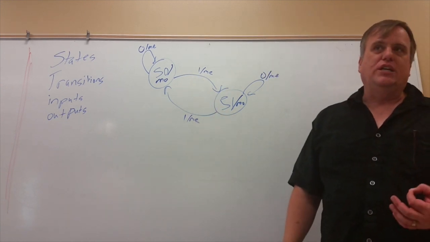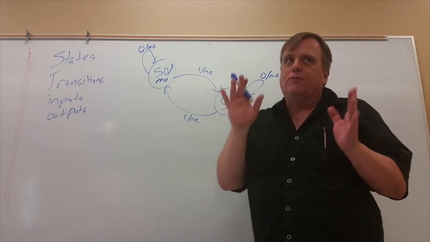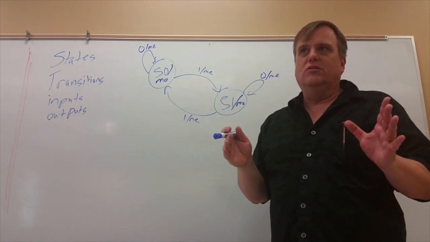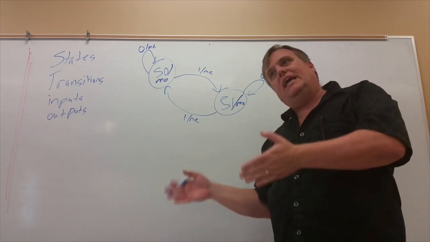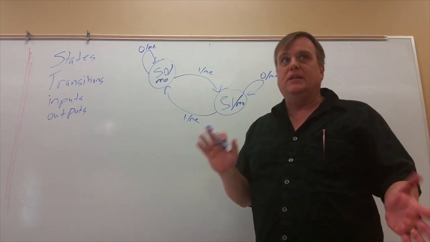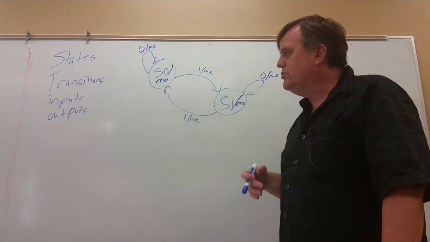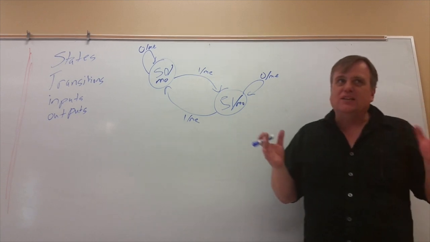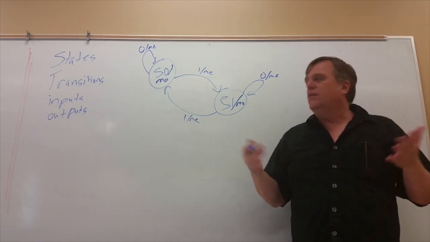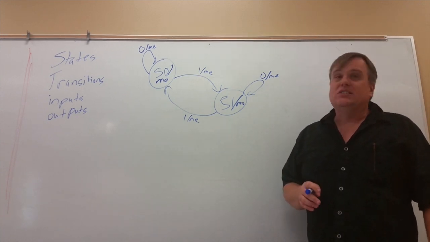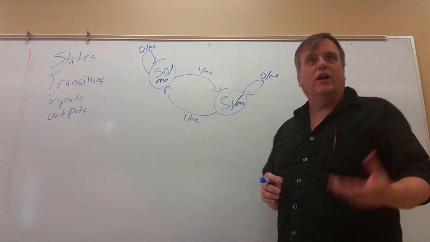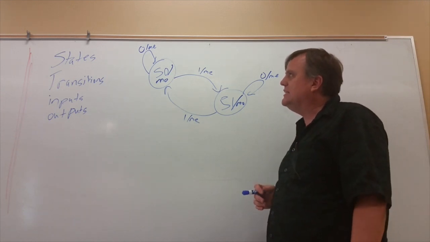Now, Mealy machines are slightly smaller and therefore slightly faster, but they're potentially asynchronous between domains, which can be dangerous. Moore machines are bigger, usually slightly bigger and slower, but they have safety on their side. They're always synchronous, so everything's nice and clean in that sense.